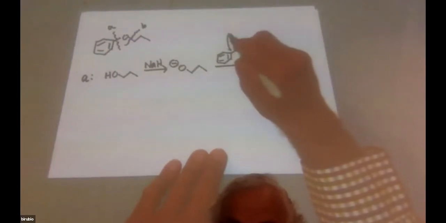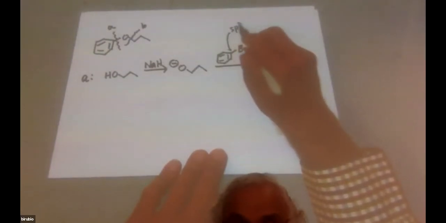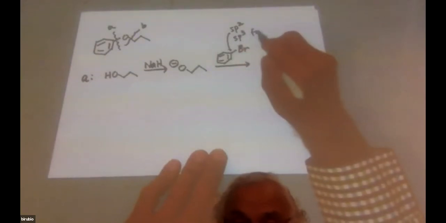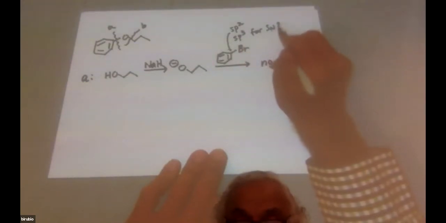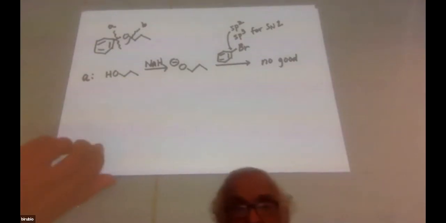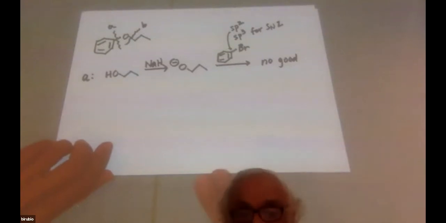This guy is sp2 hybridized, and it has to be sp3 for SN2. So that's why this reaction's no good, because the hybridization state of the carbon is wrong.